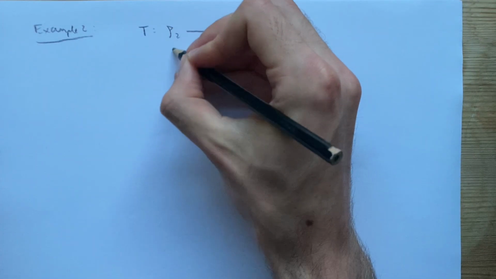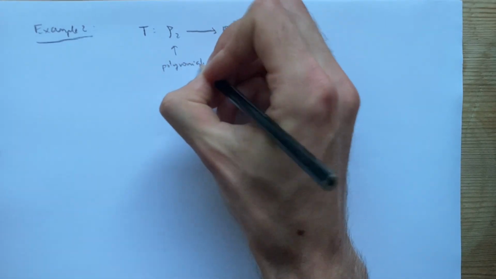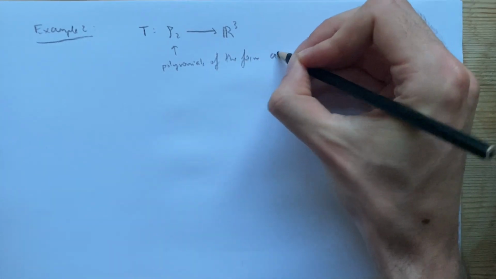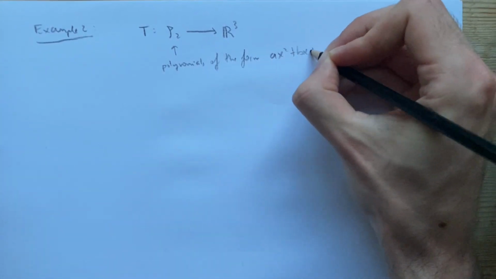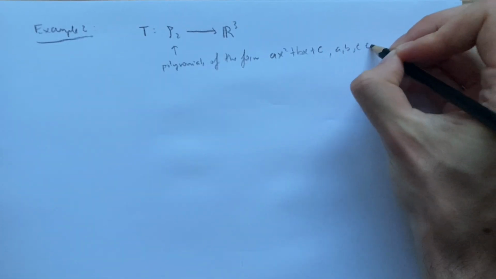So here, this is the space of polynomials of the form ax squared plus bx plus c with a, b, c real numbers.